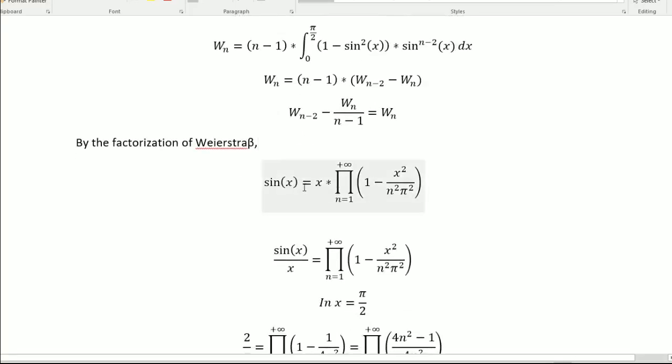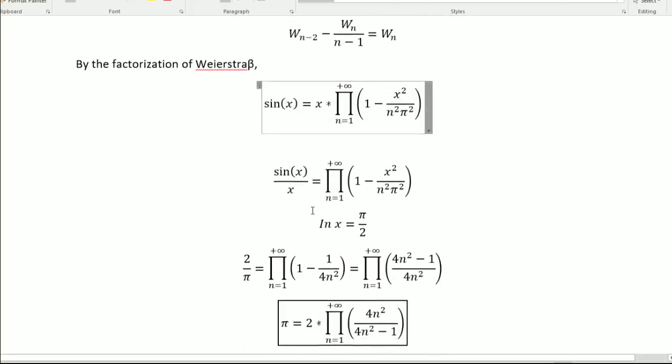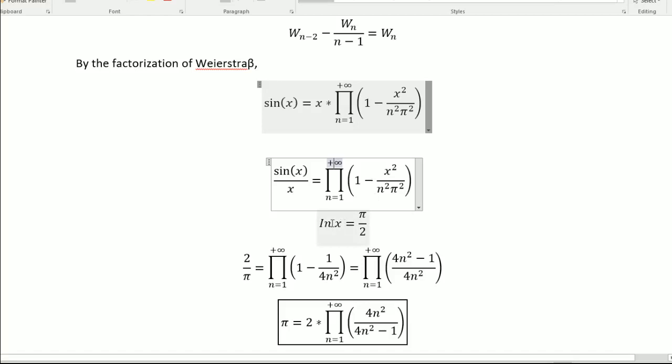So you get this, you divide by x, and you get that sine x over x equals this product, and then you evaluate it at x equals pi over 2. So sine of pi over 2 equals 1, and 1 over x equals 2 over pi.